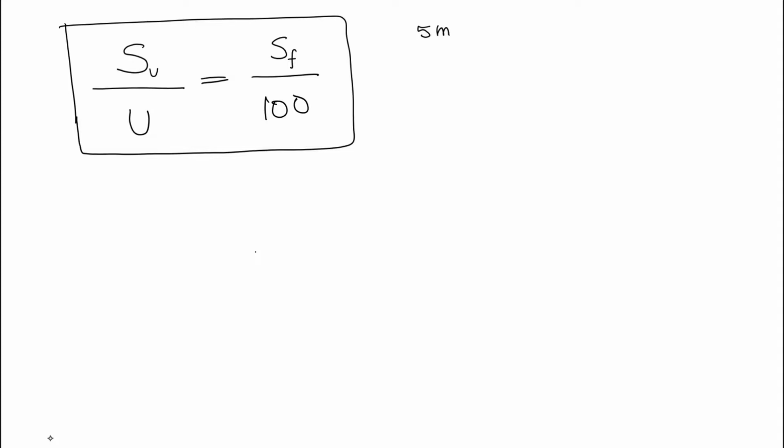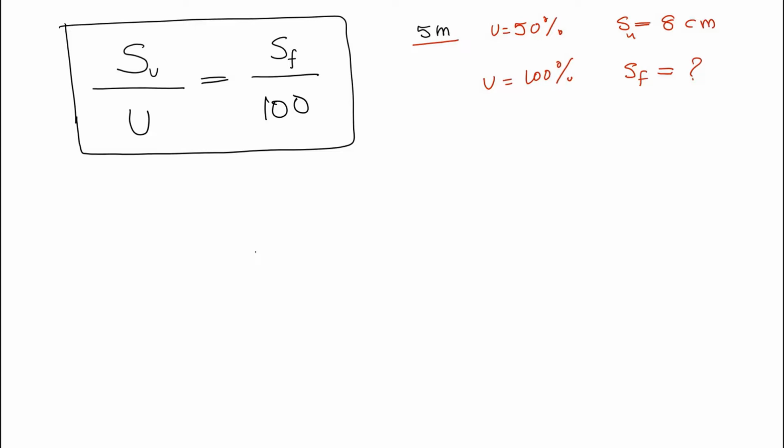Okay, so for the 5 meter thick clay layer, at 50% consolidation after 1 year, what is the settlement? 8 centimeter. So we can find the final settlement of the 5 meter thick clay layer when it is 100% settled.